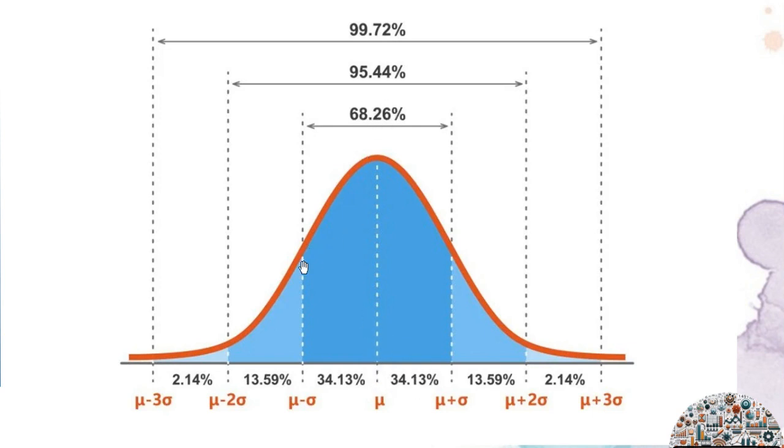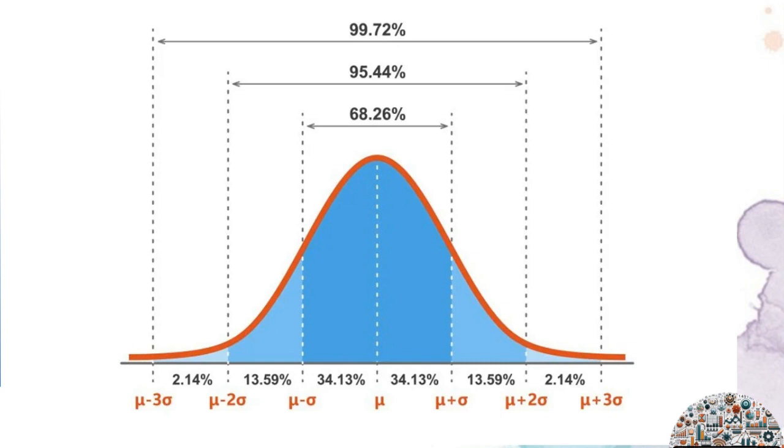These intervals are exactly the same here, but the only difference is we don't have an exact mean for our distribution. It can be anything. For example, 100, 10, 200, anything.